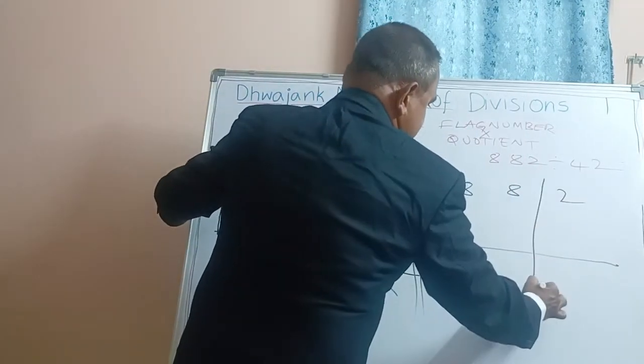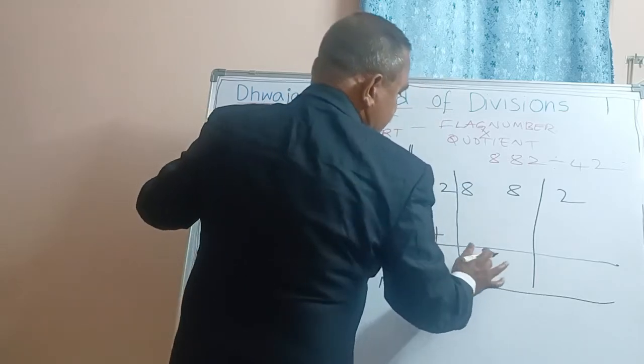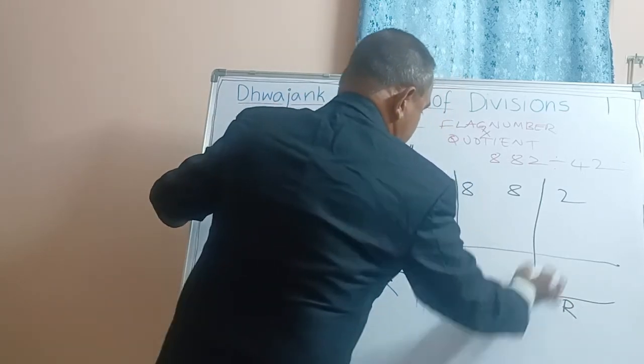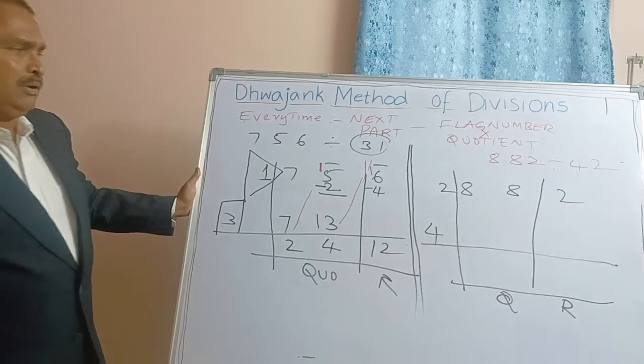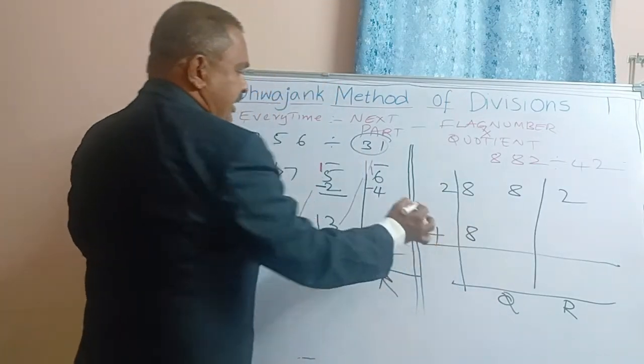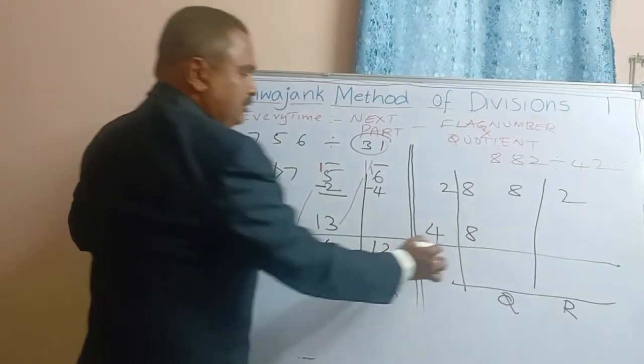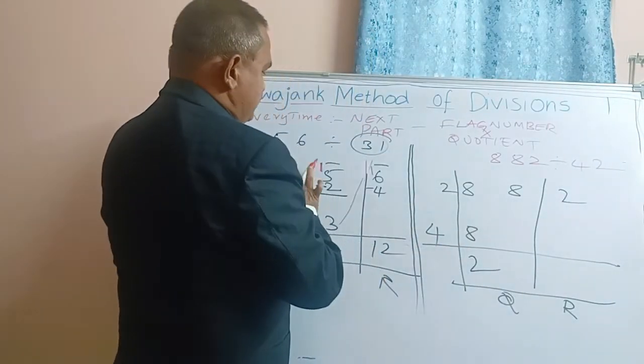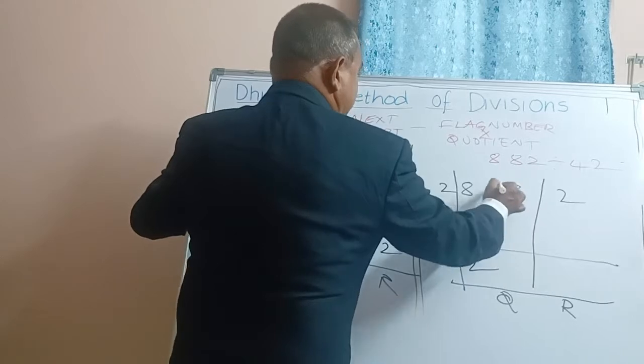This is the remainder part. This is the quotient part. Now bring down 8. 8 divided by 4, 2 times. Remainder is 0.